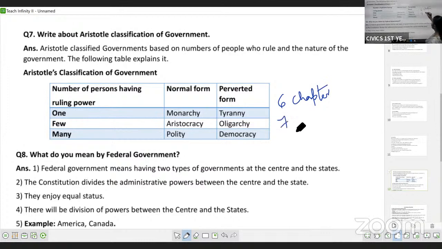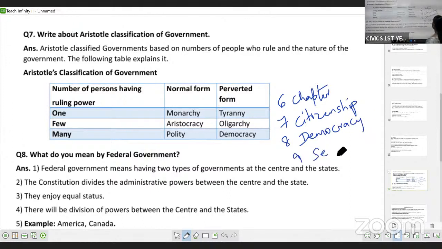Then your 7th chapter, citizenship. 8th chapter, democracy. 9th chapter, secularism. So here 4 SAQs you are able to answer.